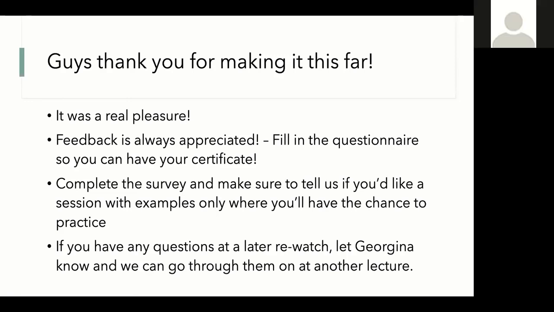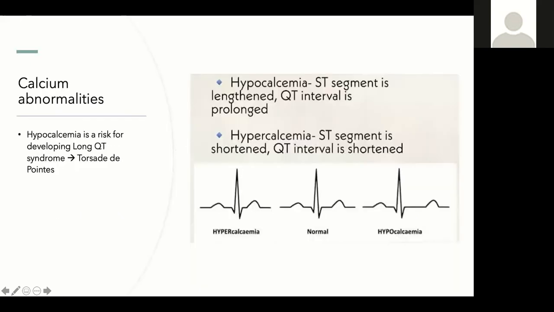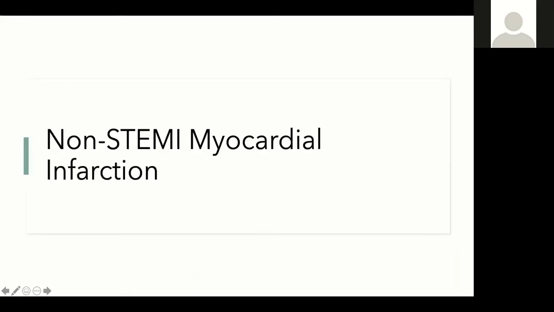I have a question, if it is possible. Okay, hit me. How can we tell the difference between ventricular tachycardia and ventricular flutter? Give me a second.